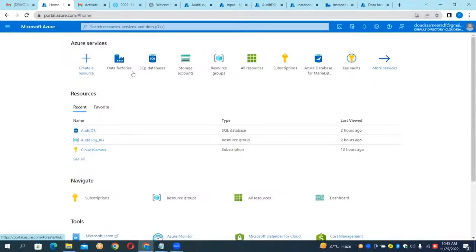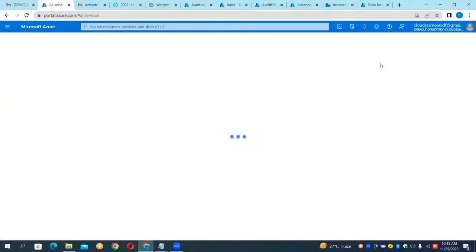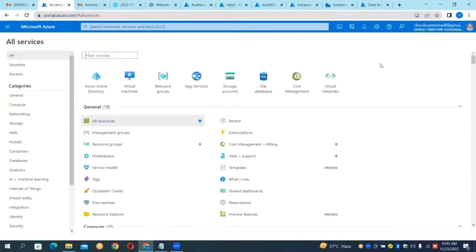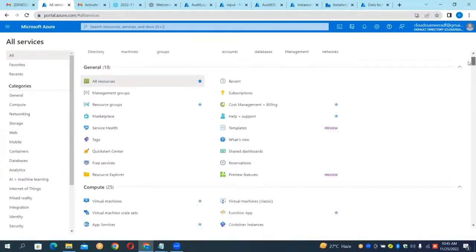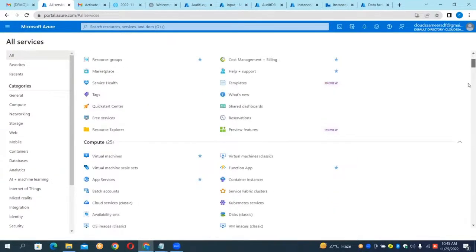So in this, can you see here? You have storages. For seeing the storages, guys, click on more services. These are all the storages.